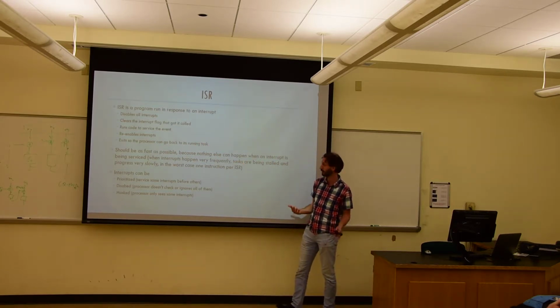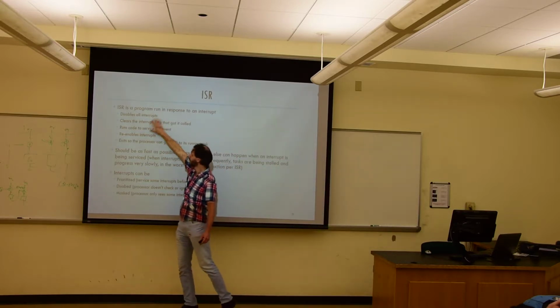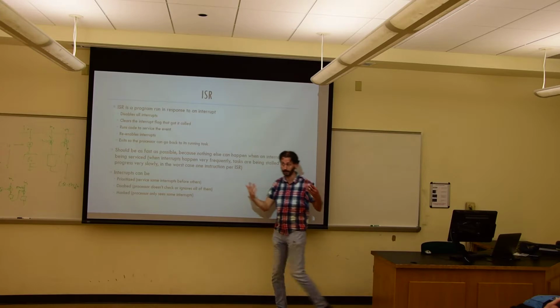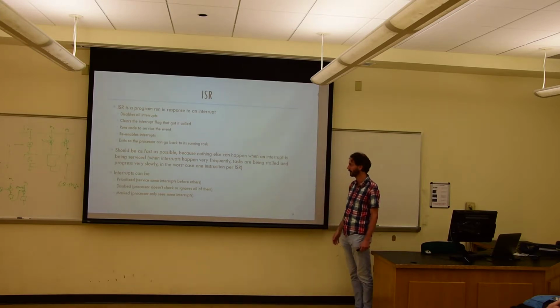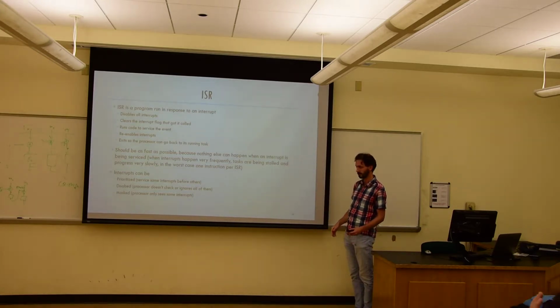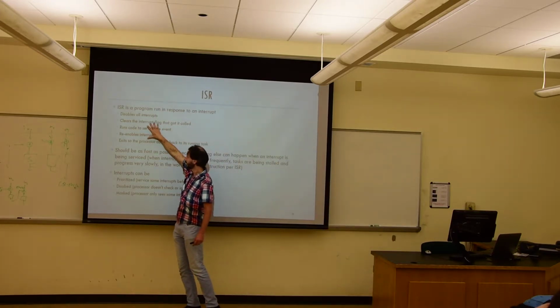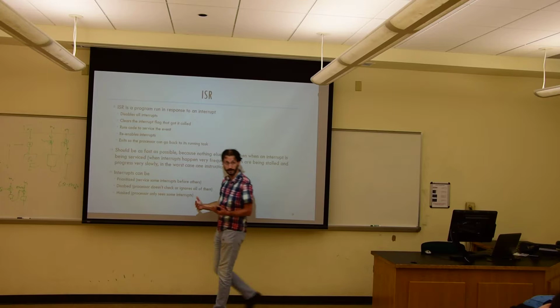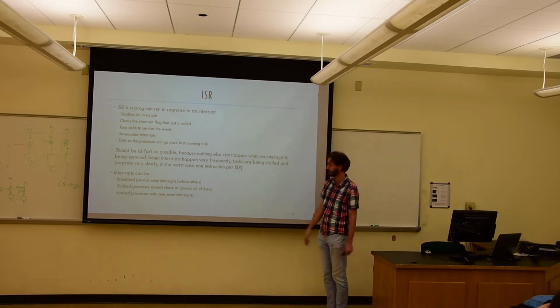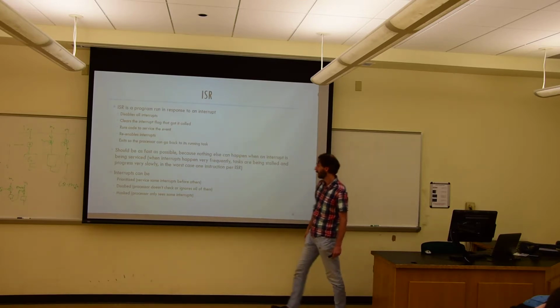This should be done as fast as possible because once you have disabled interrupts, you're not listening for other interrupts anymore, right? So that's something you would like to keep track of. Your ISR code itself should not have too many instructions that take too long. You cannot do that.